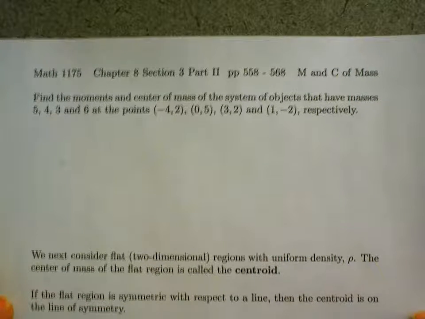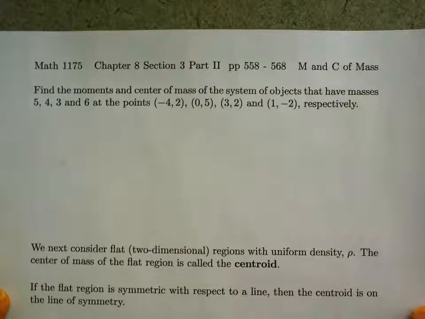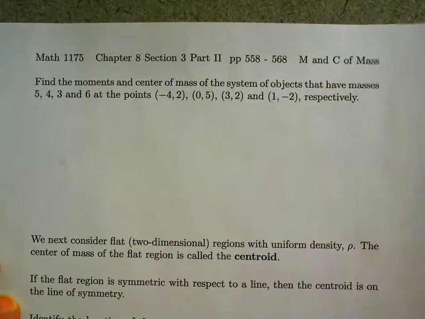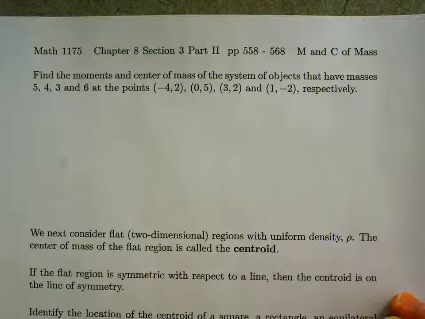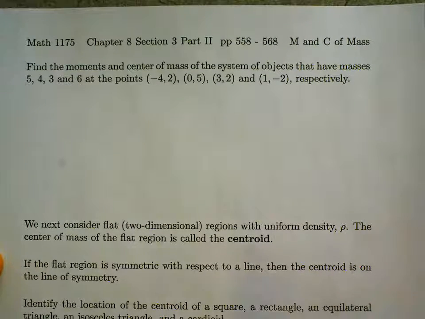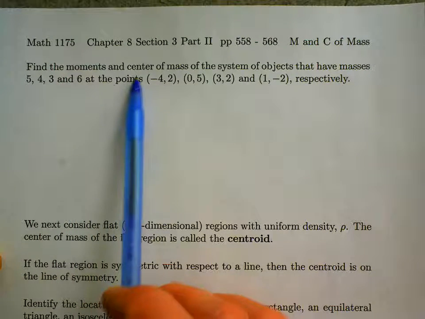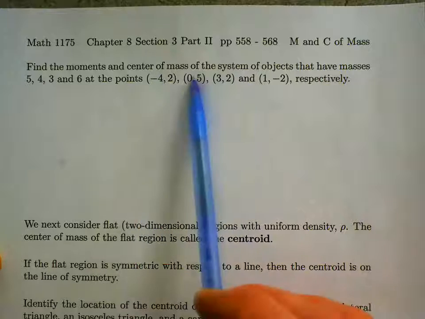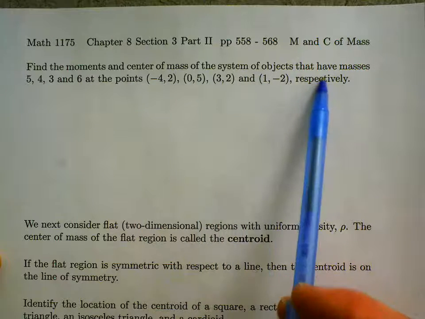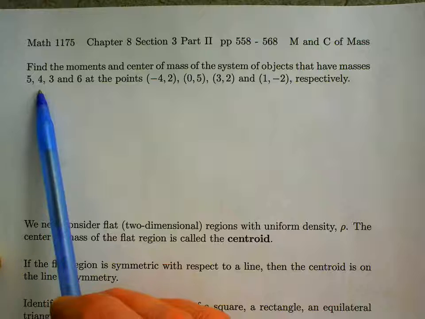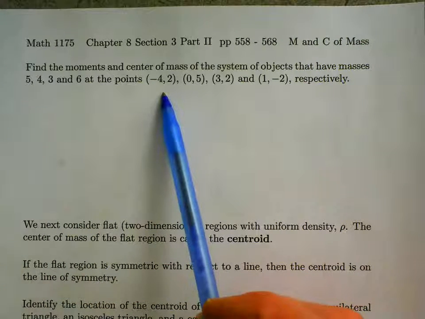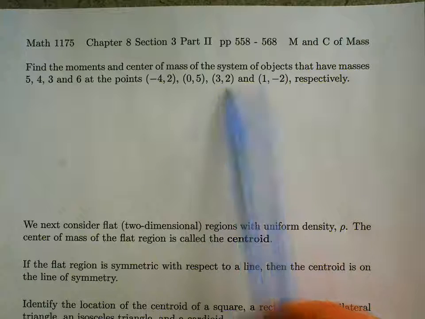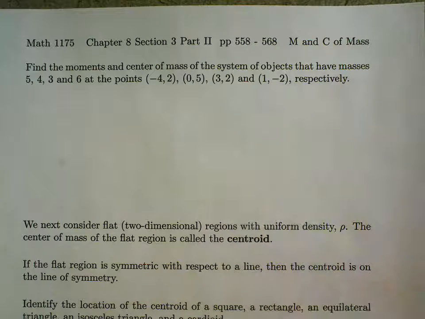Here's an example. We have 4 points in the xy plane with their locations and their masses. So in particular, it says find the moments and center of mass of the system of objects that have masses 5, 4, 3, and 6 at the points -4, 2, 0, 5, 3, 2, and 1, -2, respectively.